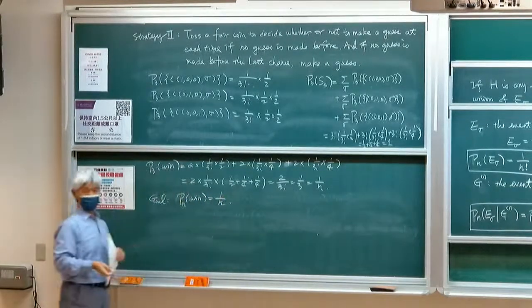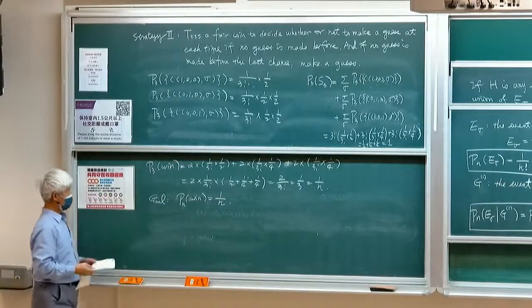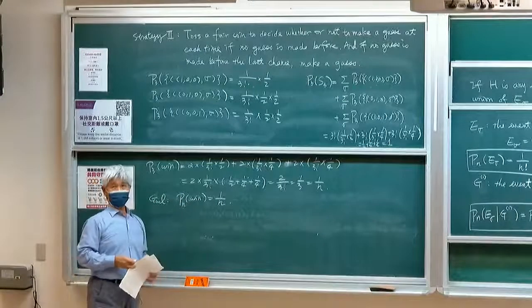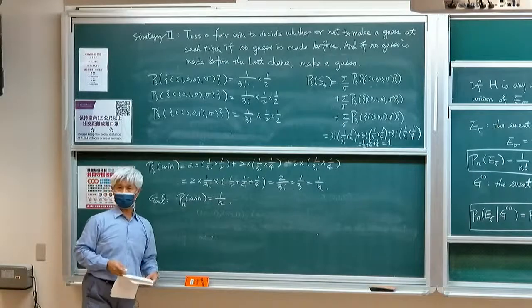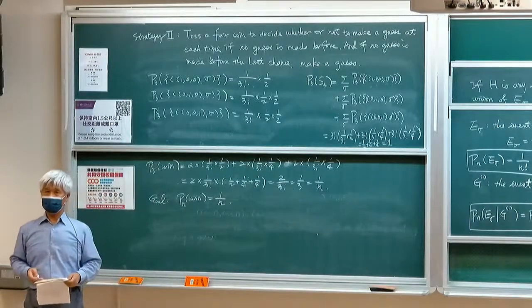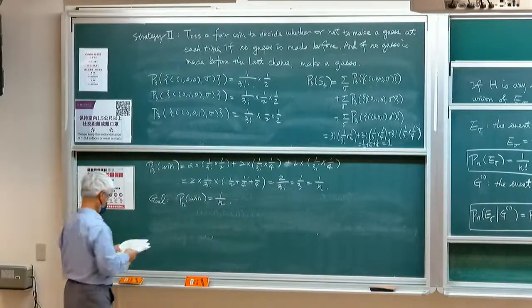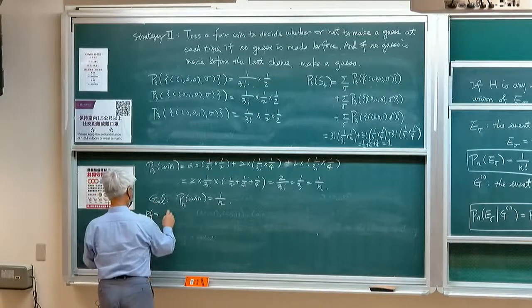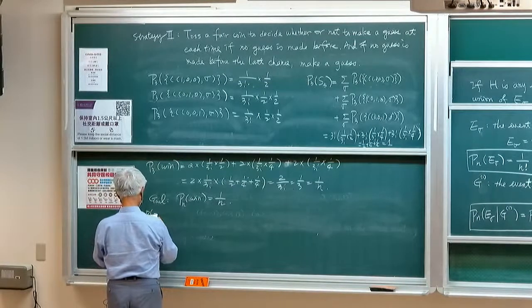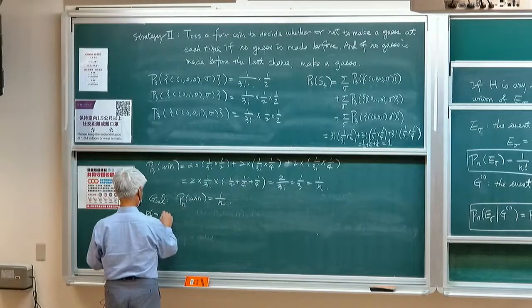Okay, so our goal is to prove that the win probability is 1 over n if we have a deck of n cards. All right. So basically, we will prove that by induction.